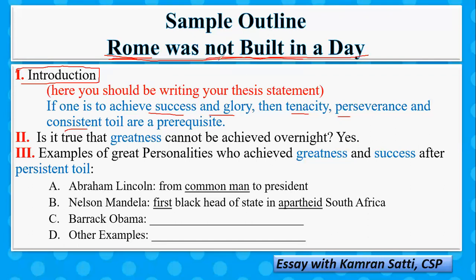These last three adjectives are basically denoting the later part of the proverb, that not built in a day. Now that we have written the thesis statement, we have understood the topic and we have written the thesis statement, that this is what we are going to write in our essay. This is how we have understood this topic.